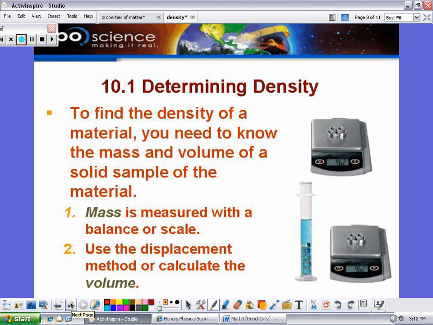To find the density of a material, you need to know the mass and the volume. Going back to the equation, mass and volume are the key things that you need to know. Mass is measured with the balance, and the volume can be found, if it's a regular shape, by length times width times height, or you use the displacement method.